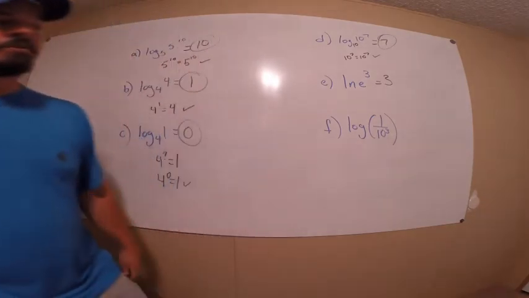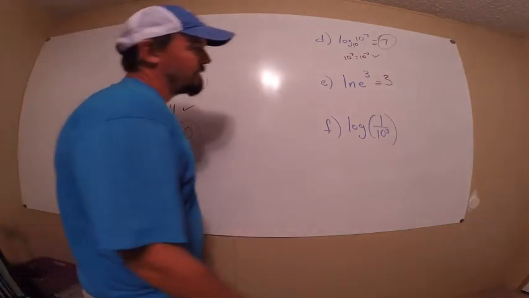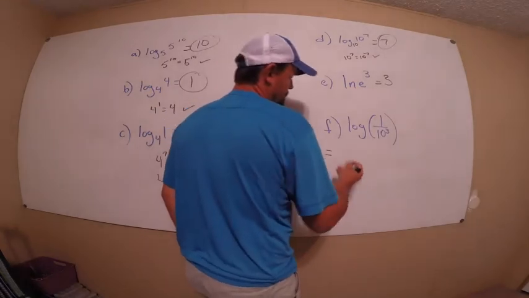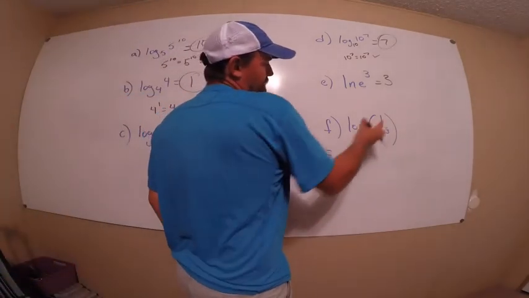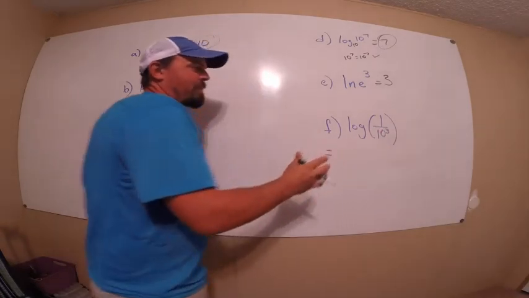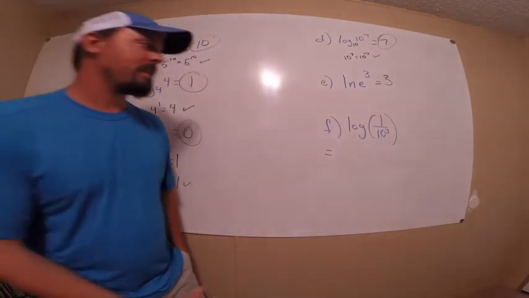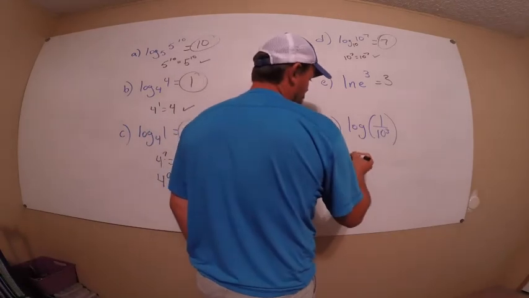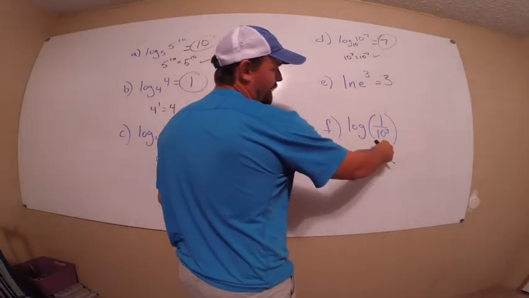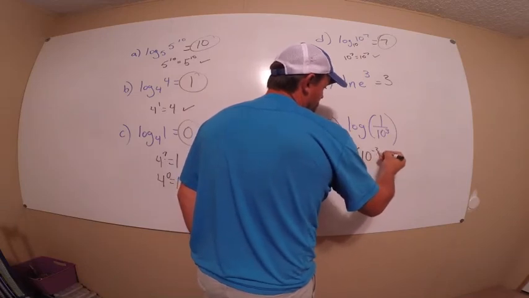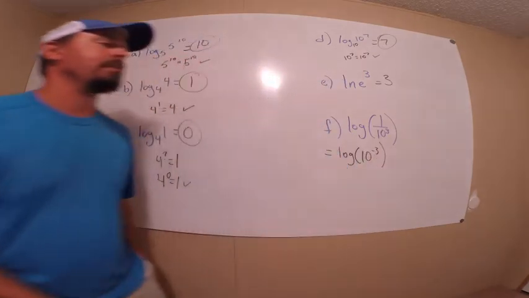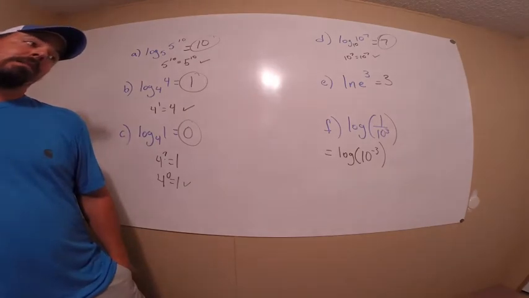F. F is a little tricky. Let's rewrite F. You need to be able to see that you have to rewrite it. I'm not really sure what to do here. This doesn't fit in. My property is really close, but if I adjust what's on the inside, it'll definitely fit my properties. So I've got log. If I bring this 10 up to the top, I could rewrite this 1 over 10 to the third as 10 to the negative third.